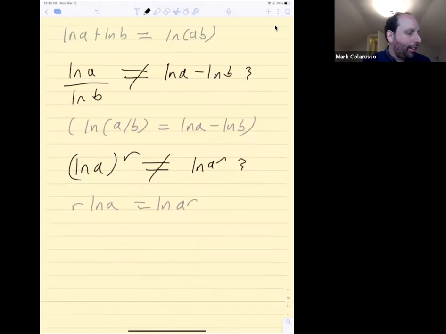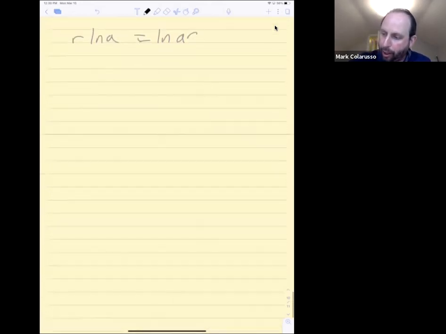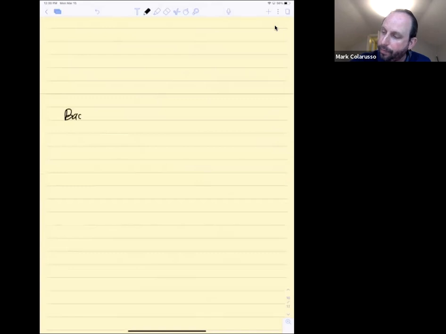All right, so let's get back to calculus. We can do some more calculus now, because we have the ability of solving exponential equations, which we did not have before. So briefly back to calculus of exponential functions.